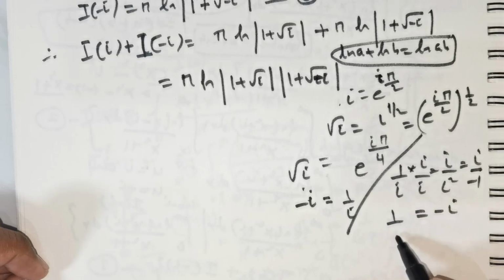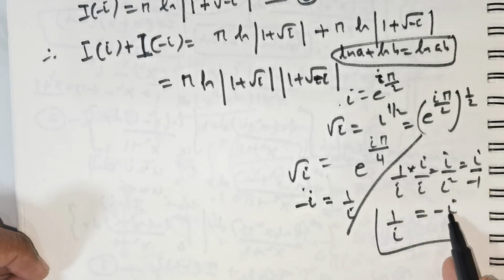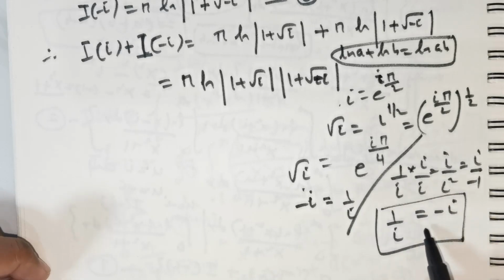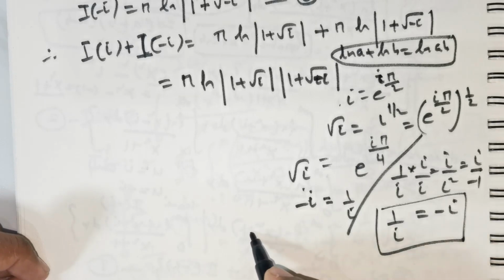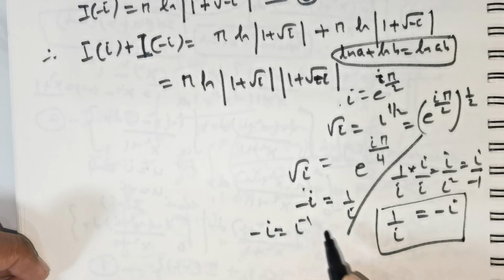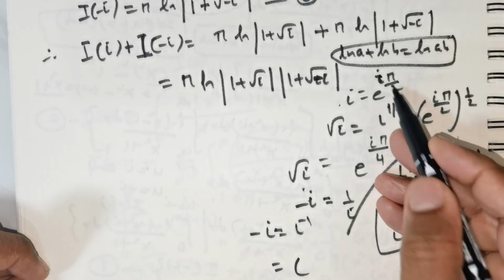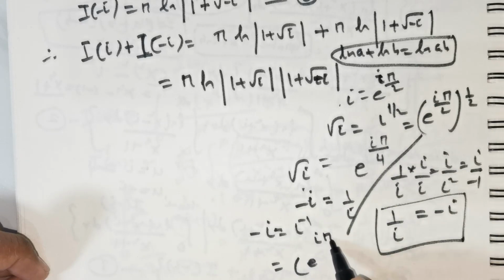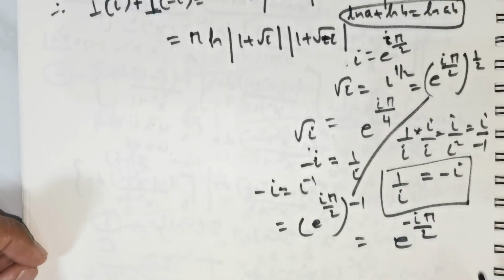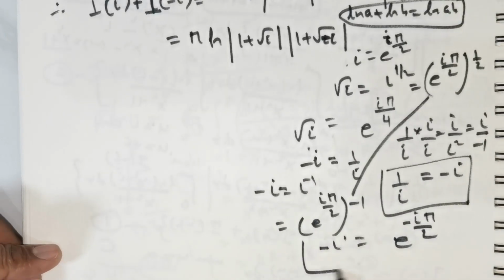So that's the reason 1 over i can be rewritten as negative i. So have that in mind. So because of this fact, I can actually rewrite negative i to be i raised to the power of negative 1, but i has got a representation e raised to the power of i pi over 2. This has to be raised to the power of negative 1. So this is equal to e raised to the power of negative i pi over 2. Right. So this is my negative i.